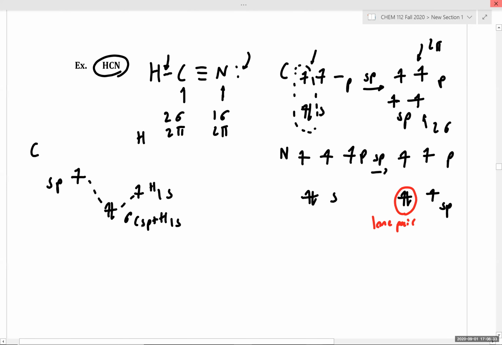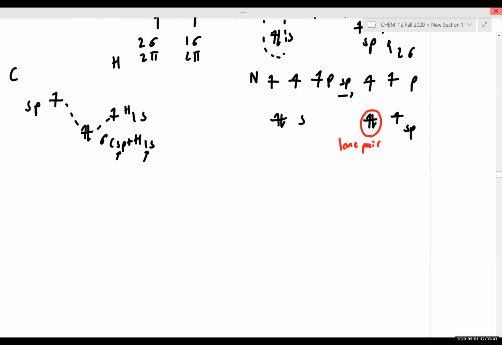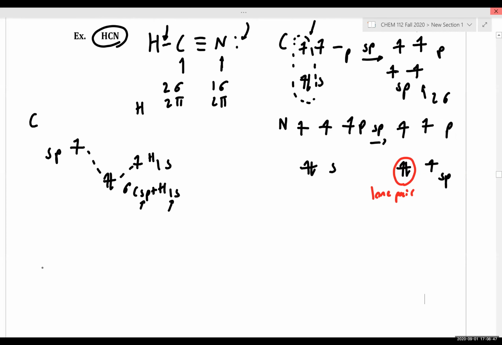Remember, when we write out our sigma bonding molecular orbital, we label the 2 orbitals that we've used to form that bond and to generate that molecular bonding orbital. Just like always, when we form a bonding orbital, we also generate an antibonding orbital, which is empty in this case.